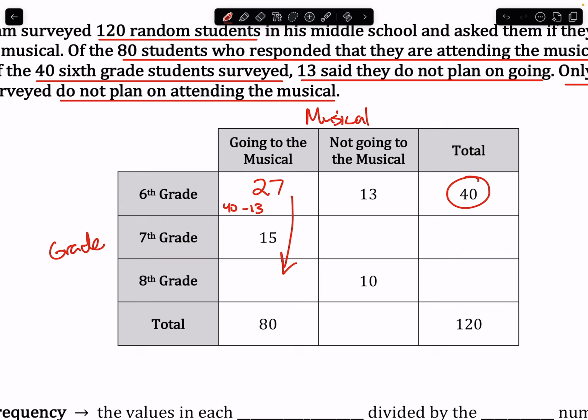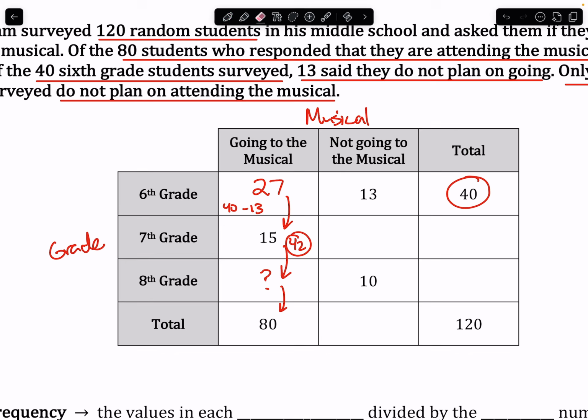Now we have enough information to fill out this column. So we know 27 plus 15 plus some other number gives us 80. So 27 plus 15 is 42. And so 42 plus what gives me 80?